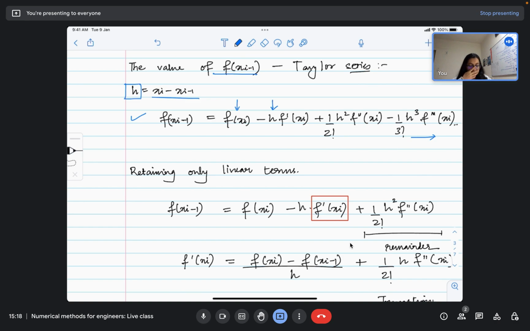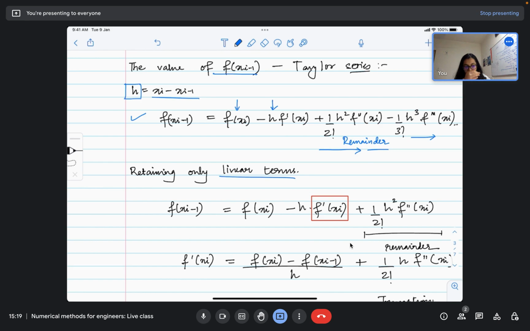Now let us consider only linear terms and let's not go beyond the second derivative from here. Let's cancel all of the terms after that, but this particular term let us consider as the remainder, in order to understand the error associated with the fact that we stop the series at this point, or we truncate the series at this point.